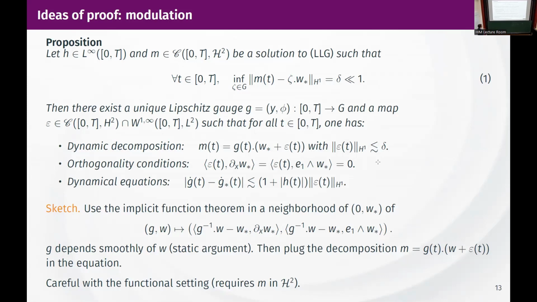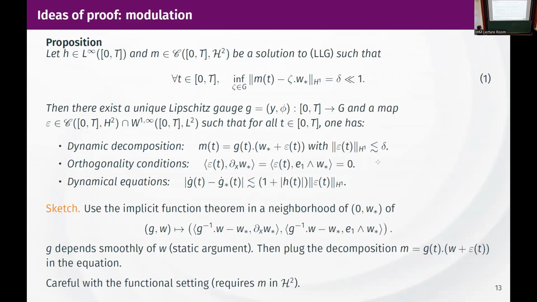So there are two steps to prove this kind of modulation. One step is you do it for fixed time. It's a static argument, where you do it for fixed time around W star. And how do you do it? You do an implicit function theorem in the neighborhood of W star on this functional. So for a small gauge, W near W star, you look at what should be your epsilon.